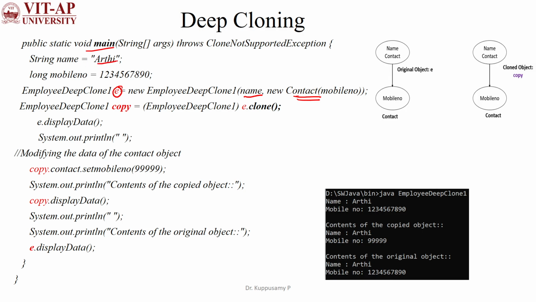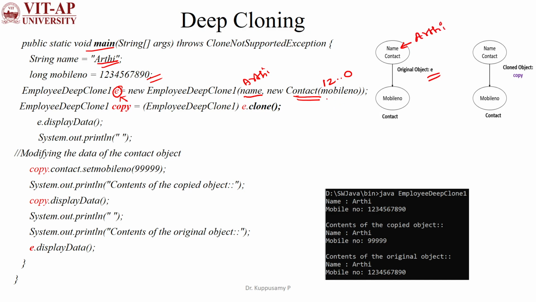For name we are initializing the value RT. For mobile number we are initializing the value 1 2 etc 0. So we are creating the object E with the value RT.